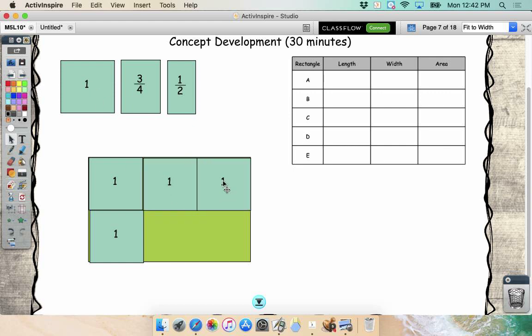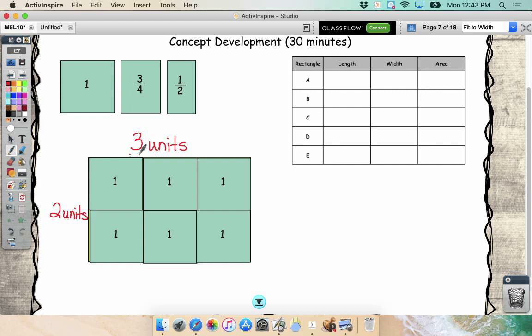Okay. And if I were going to label this, which you're going to do when we get to the problem set, I would write 3 units times 2 units. So now, for the sake of this activity, I need you to really listen here.